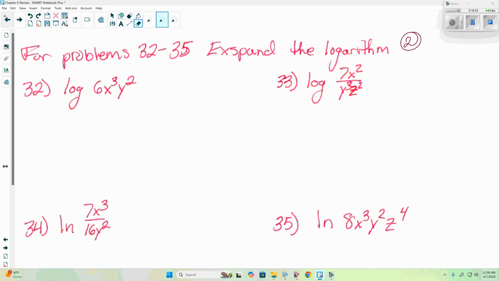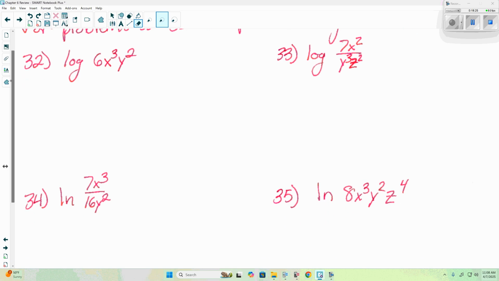So, if we look at, we'll start with 32, log of 6x cubed y squared. We have this whole term here. Quotient is first. Do we have anything being divided inside the logs? No. Since there's no quotient, we move to product.